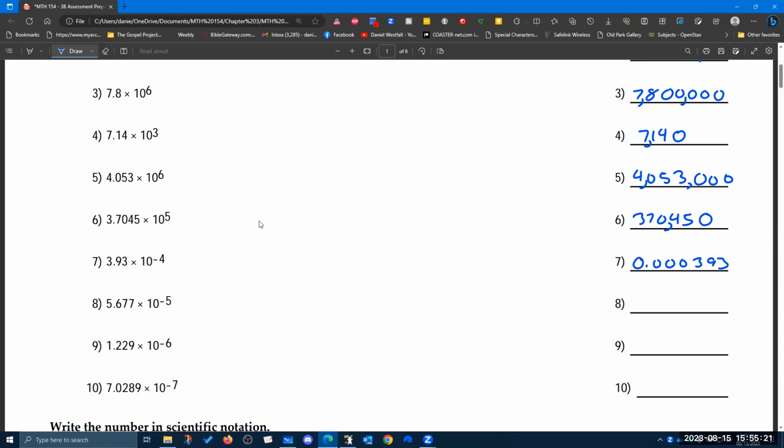0.0000393. If I move this decimal point 5 to the left, 0.1, 2, 3, 4 zeros, 5, 6, 7, 7. If I move it 6 to the left from where it's at now, 0, 1, 2, 3, 4, 5 zeros, 1, 2, 2, 9.